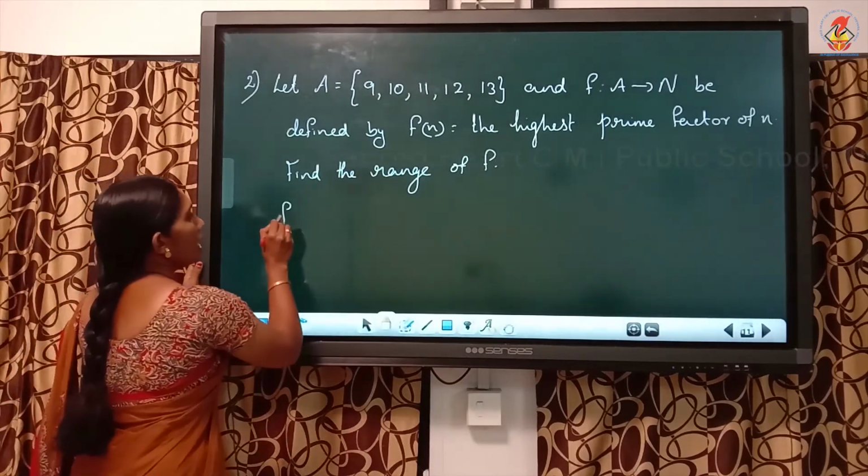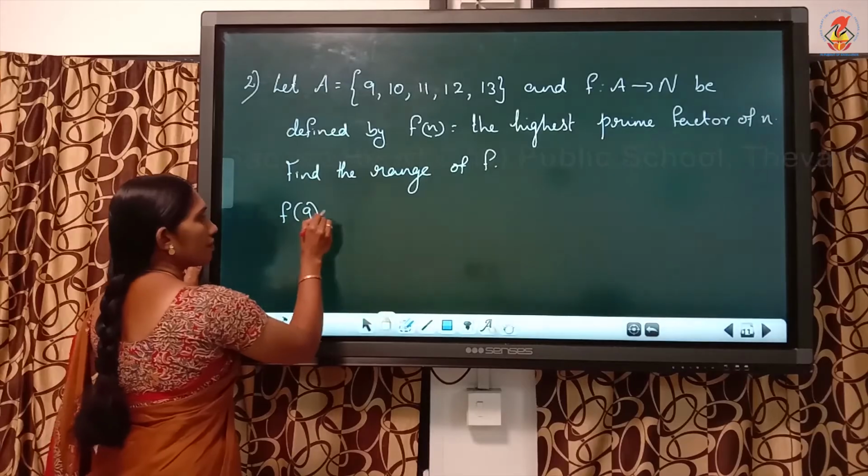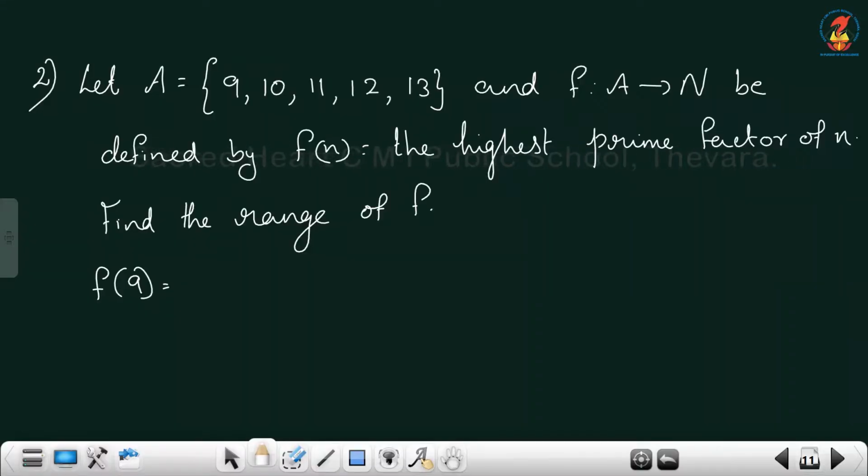So what is the value of f of 9? f of n is defined as the highest prime factor of n. Whatever is in the bracket, its highest prime factor you have to write as the answer. So for 9, what is the highest prime factor? The factors of 9 are 1, 9 and 3.